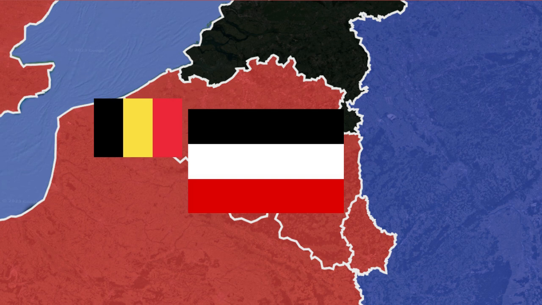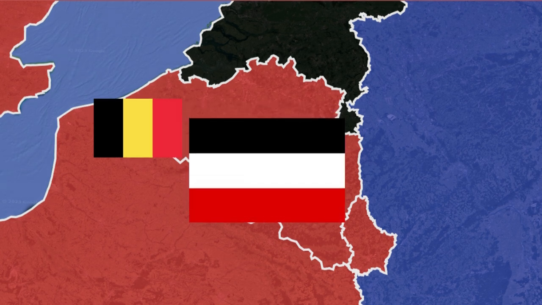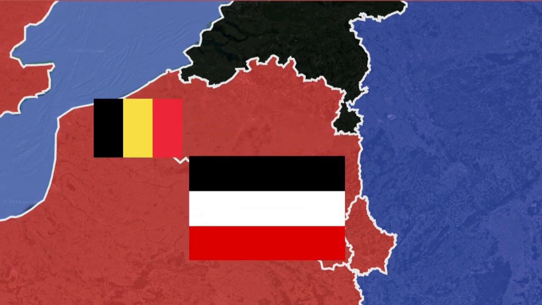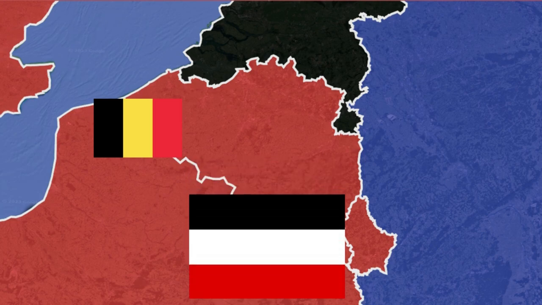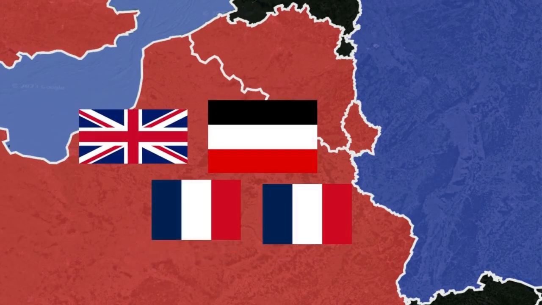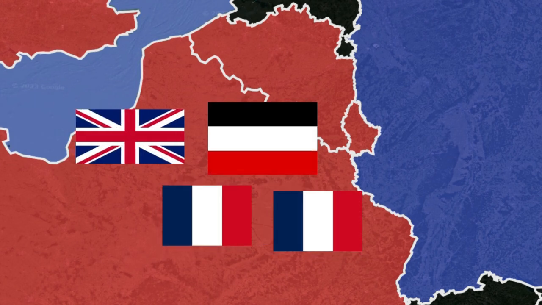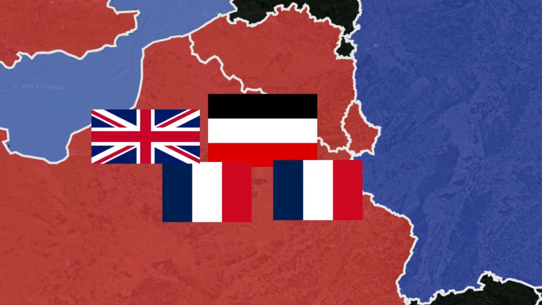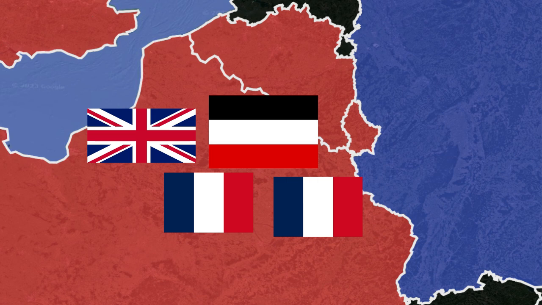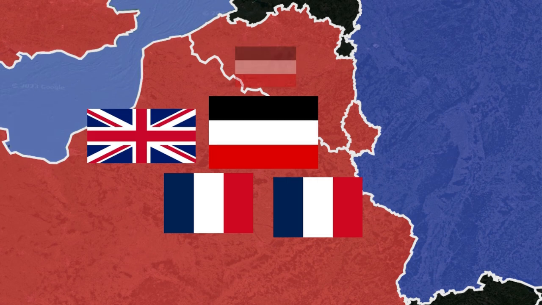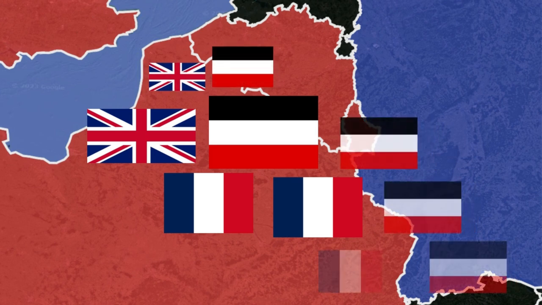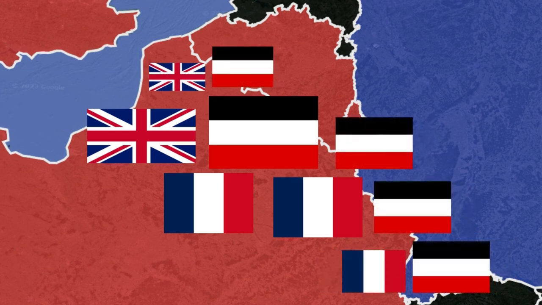After capturing most of the country, the German army heads to the south to begin the invasion of France. After reaching the river of Marne, the German army is pushed back by the Allied forces and begins a retreat. After the battlefront stabilizes, the German and Allied forces attempt to outflank each other and begin a race to the sea.